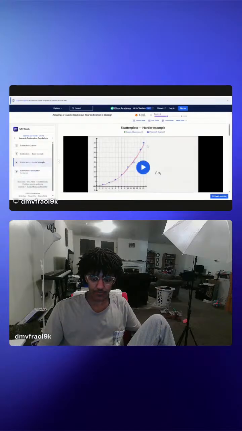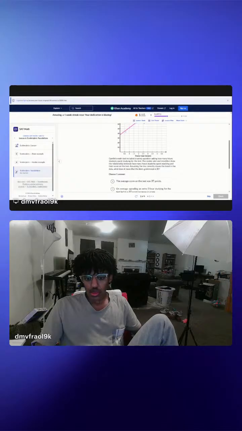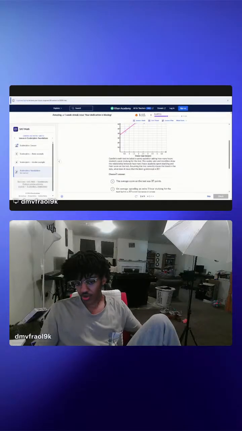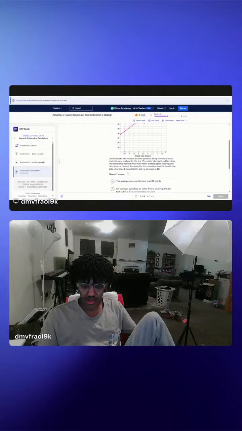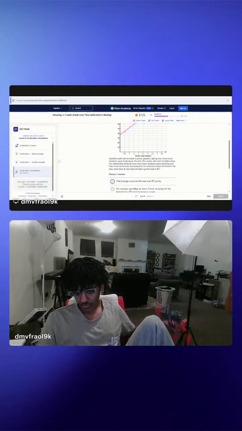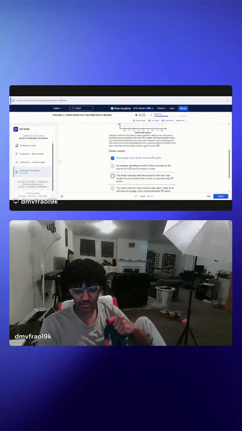Assuming the line correctly shows the trend in data, what does it mean that the line's y-intercept is 37? The average score on the test was 37.